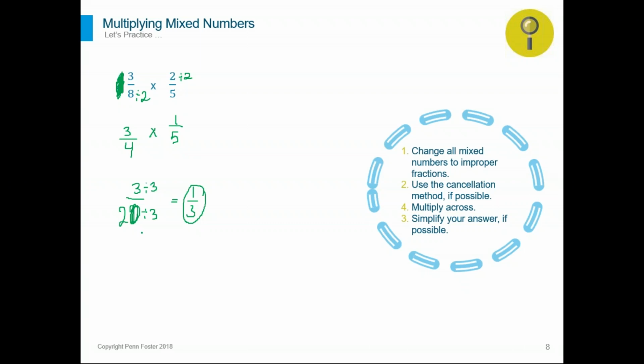And that would make more sense. So we have 3 times 1 is 3 on the top, and then 4 times 5 is 20 on the bottom. So 3 over 20 would make sense with the answer. So your answer actually is 3 over 20, and that is not addition. So your answer is 3 over 20.